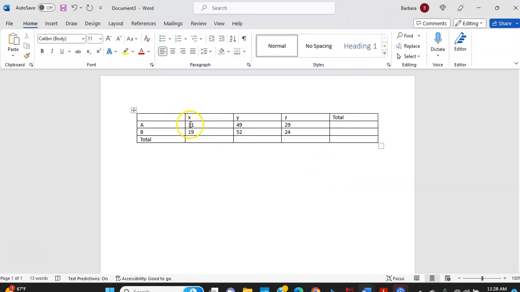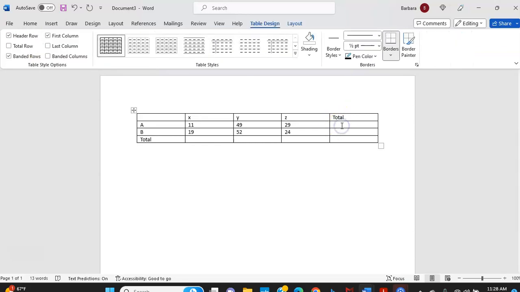I'm going to take everything in row A here and add it up: 11, 49, and 29. That total is 89. I'm going to put that right here. And then I'm going to do the same thing for row B: 19 plus 52 plus 24 is 95.